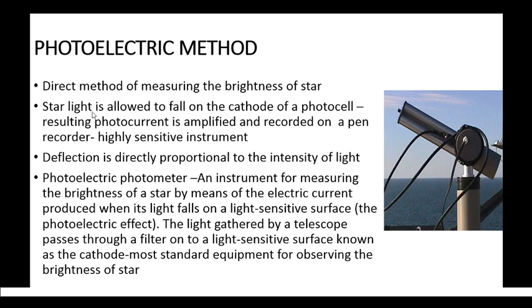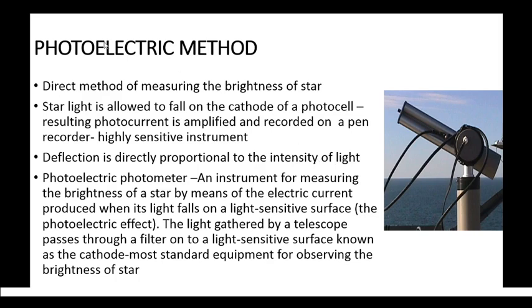The starlight is allowed to fall on the cathode of a photocell, and the resulting photocurrent is amplified and recorded on a pen recorder, which is a highly sensitive instrument. So that the deflection produced in this instrument is directly proportional to the intensity of light coming from the star.